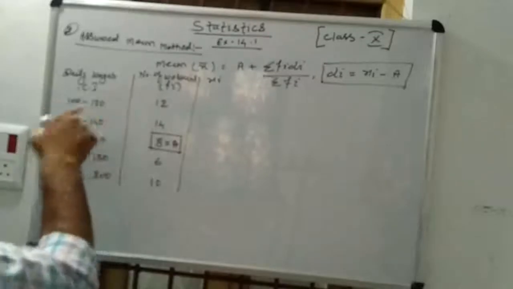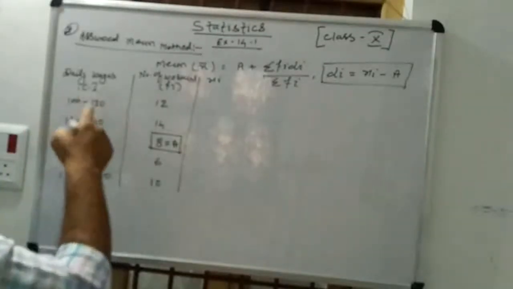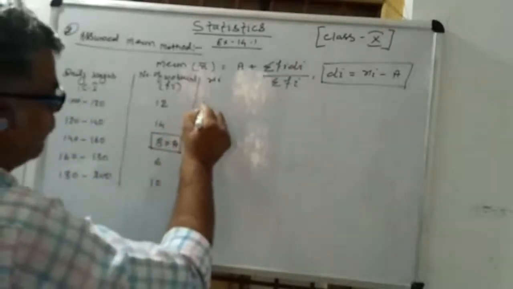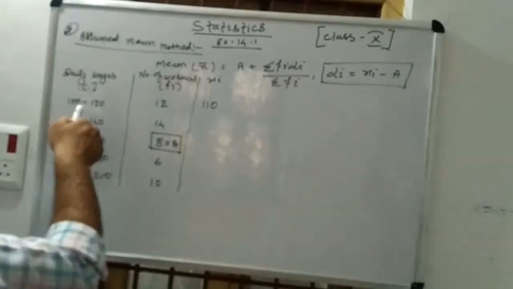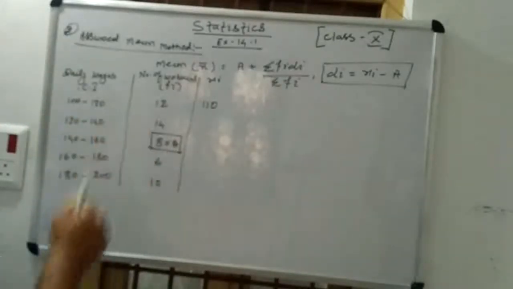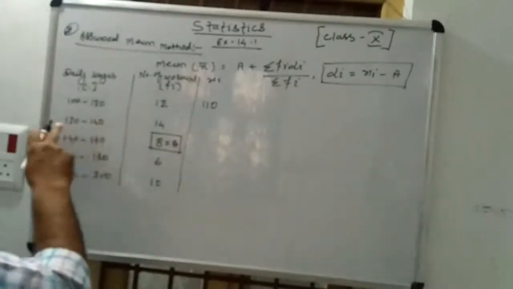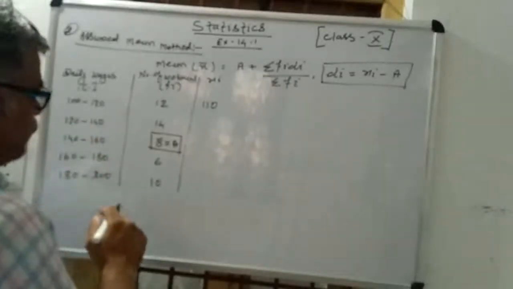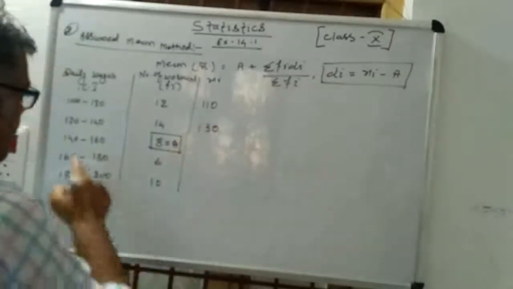So 100 plus 120 becomes 220, and divided by 2 it means 110. Similarly 120 plus 140 is 260, and 260 divided by 2 is 130.